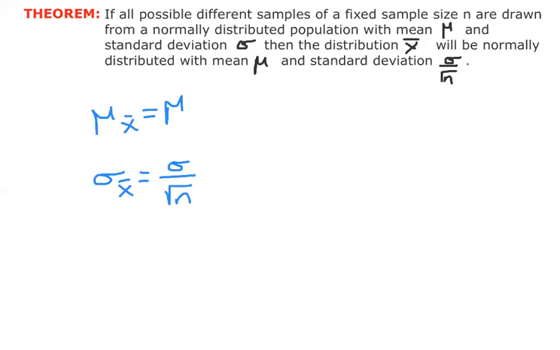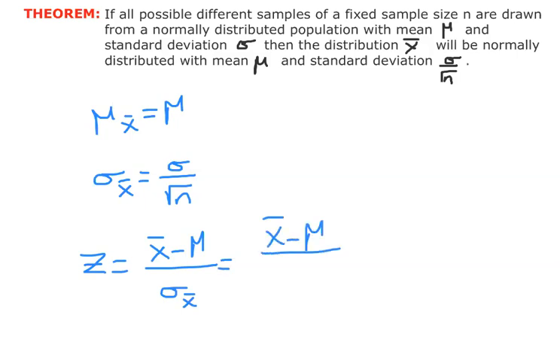So using these, we can write our z formula as x bar minus mu over sigma x bar. So this is going to be equal to x bar minus mu divided by sigma over square root of n.